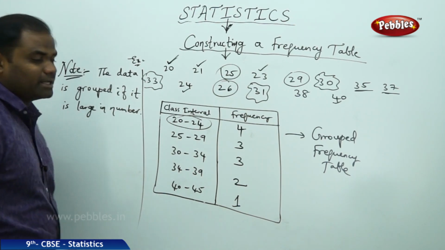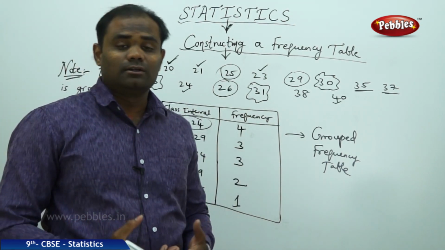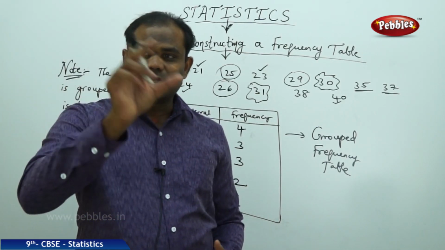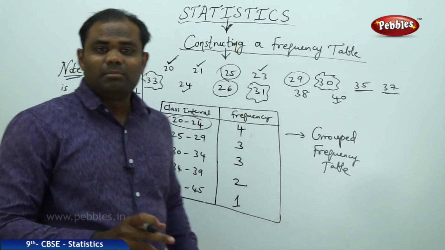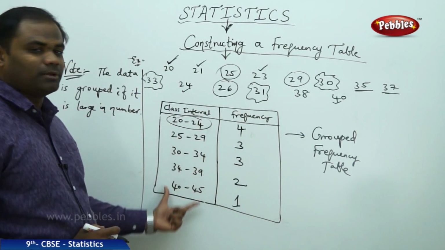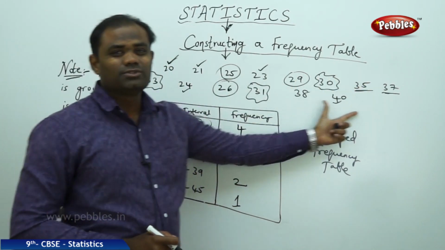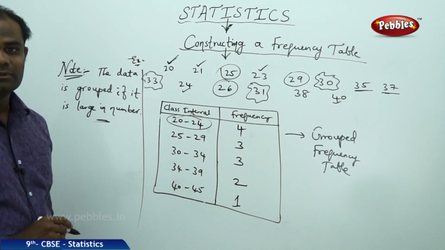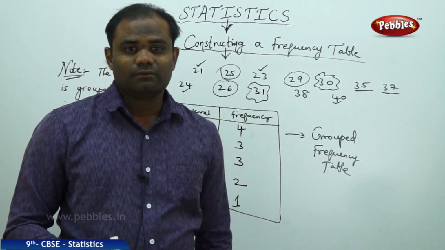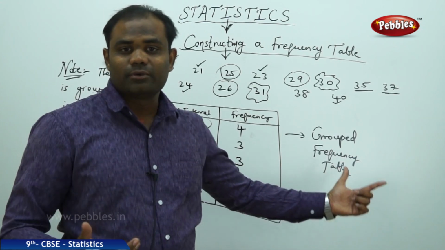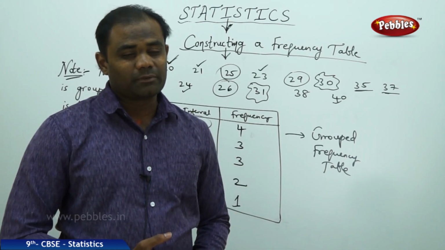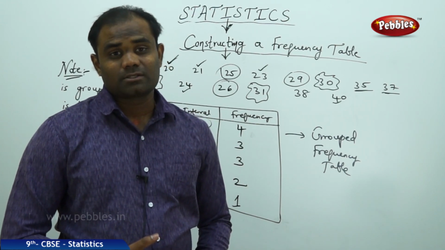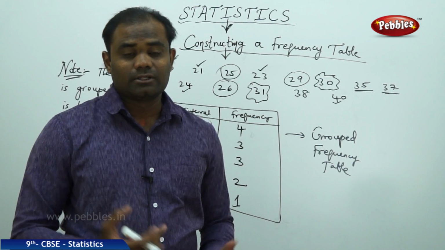That means if you have data which is 1000 or 400 or 300, then I cannot include the list of data with each value being calculated for frequency, but I can do the smart work of grouping. This being very huge data, the data is grouped if it is large in number. If it is not in large number, we try to use the ungrouped frequency table. Grouped frequency table and ungrouped frequency table depends on the number of data given in the situation.